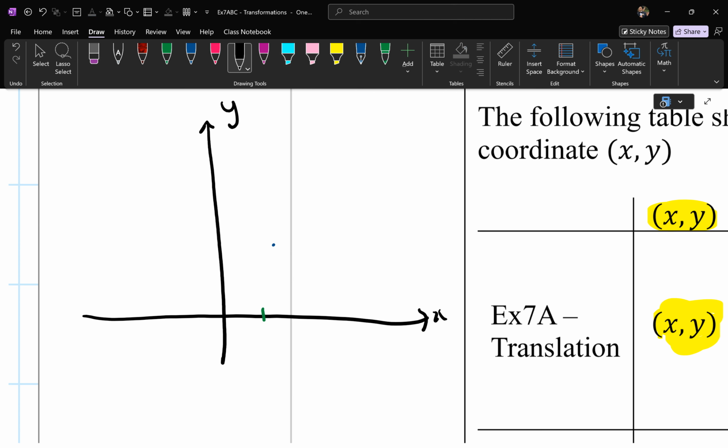Let's say I picked the values 1, 1. So you've got the coordinates 1, 1, right? If I now said I'm changing 1, 1, where for every xy coordinate, I'm now going to multiply the y value by 3, what would the new coordinate be now?